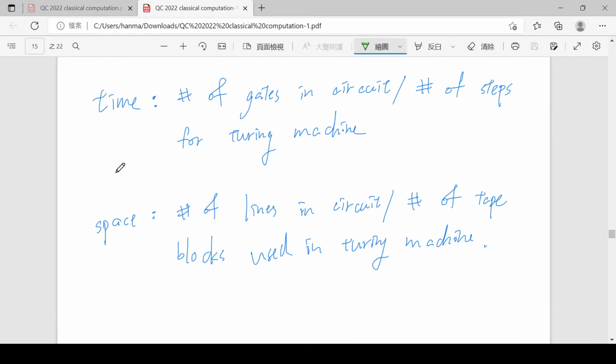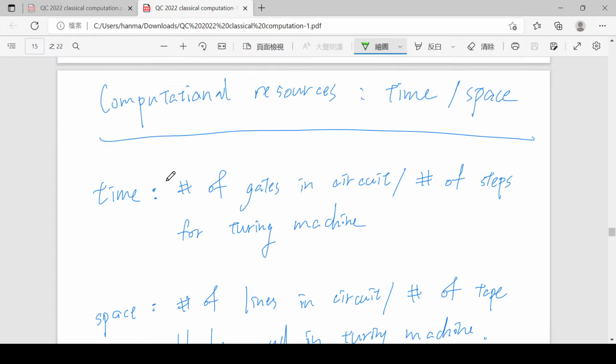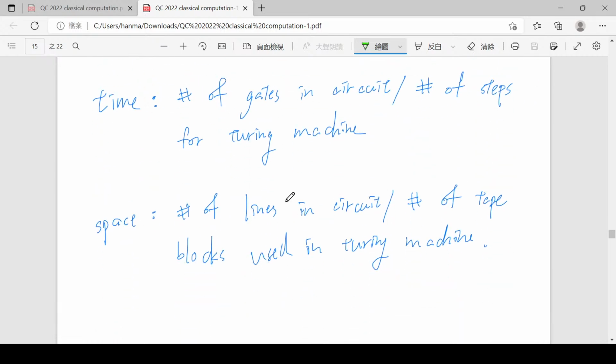And the other resource, so time is usually the most important resource we think about. But also we would like to think about the space. And this is also something very important. Sometimes it's very important in practice. So space is, well, in terms of actual computer, this is basically the amount of RAM you need to have in your computer to run your algorithm.